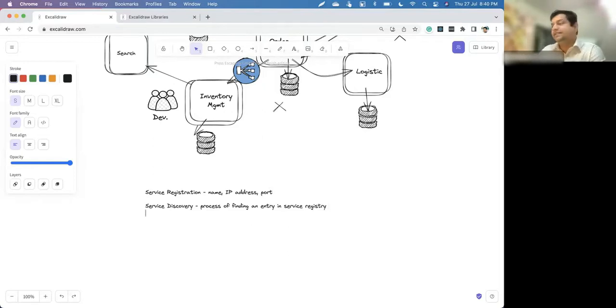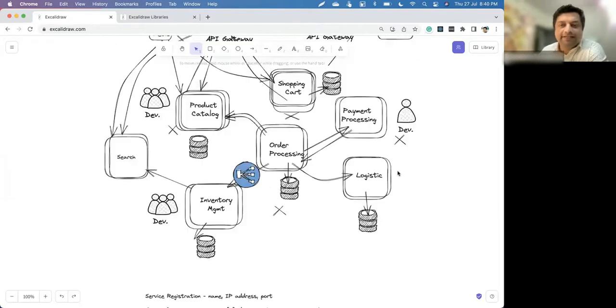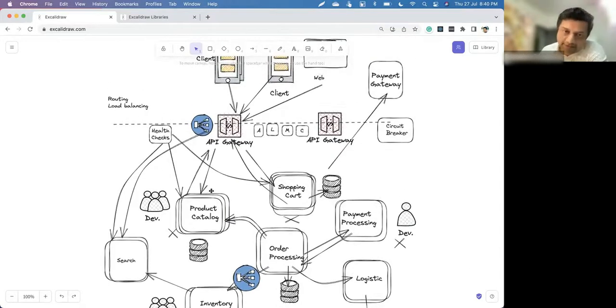So this is the service discovery pattern, right? Now every call is happening via the service discovery pattern. One is product catalog making a call to shopping cart or maybe to order processing.